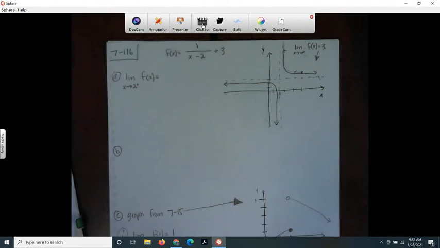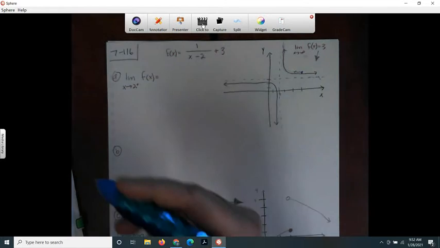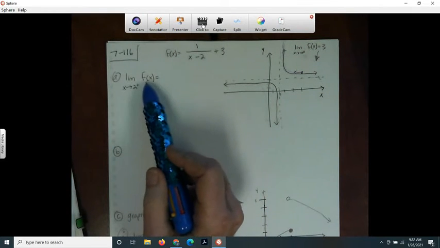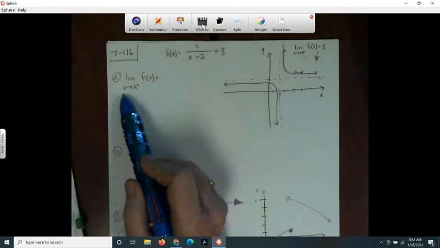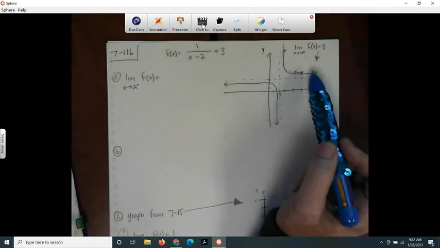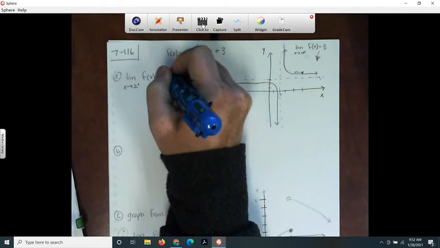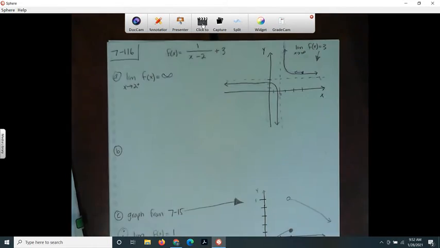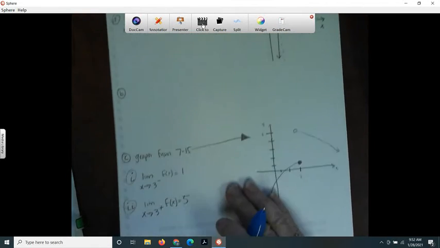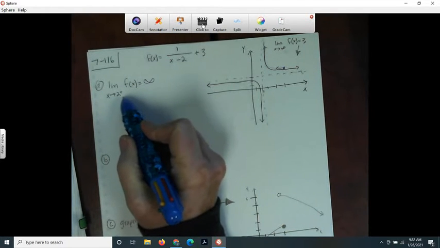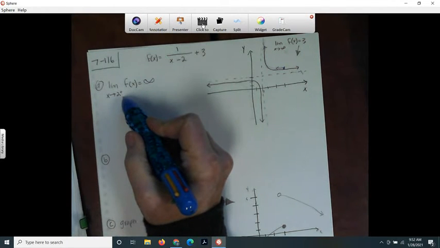So the notation that goes with that is the limit of f of x as x approaches 2 from the right is positive infinity. We'll just write infinity. And then letter B says, do you notice the plus sign next to the 2 in part A? I see it.